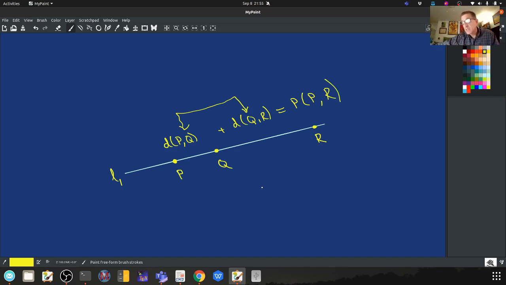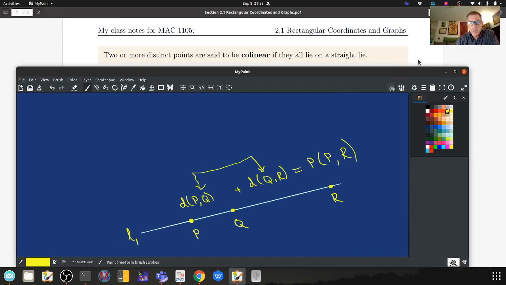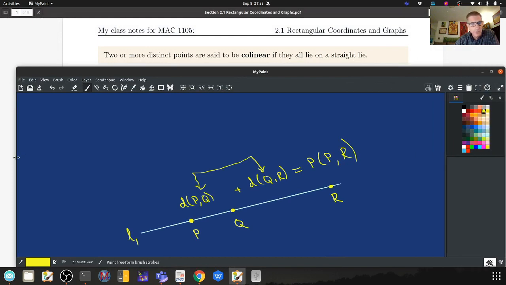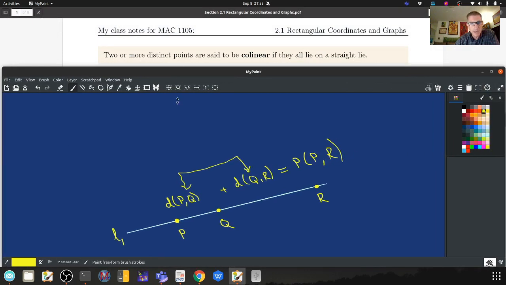This again is just another application of the distance problem. In this one, however, we're going to have to take square roots because it's not the distance squared, but just the plain old distance.